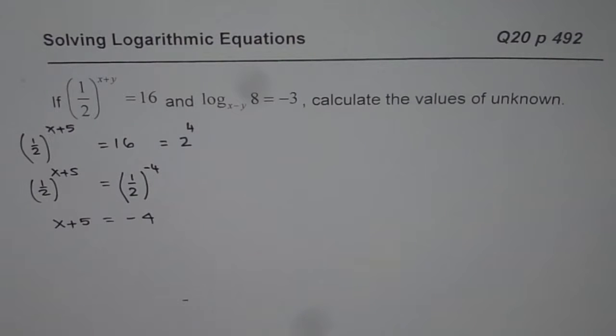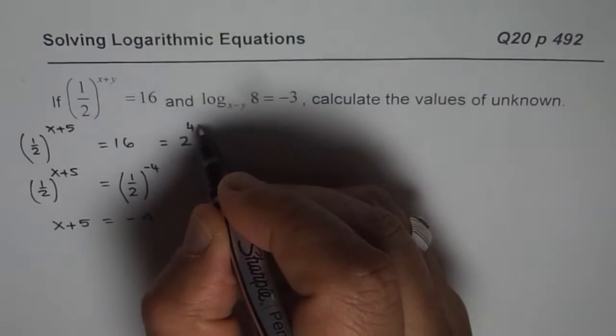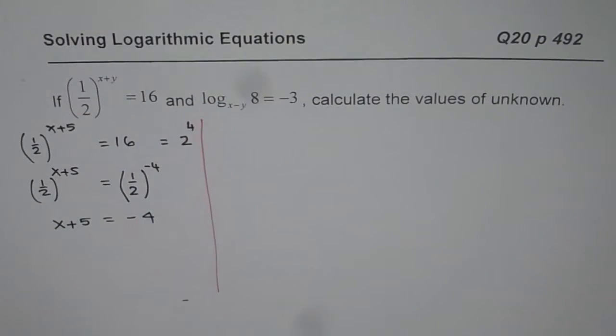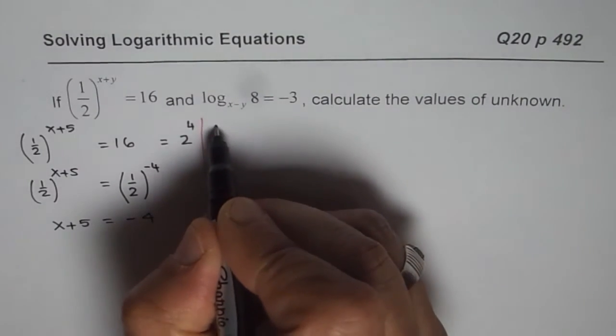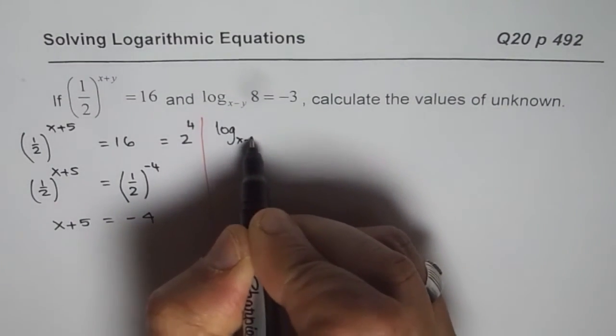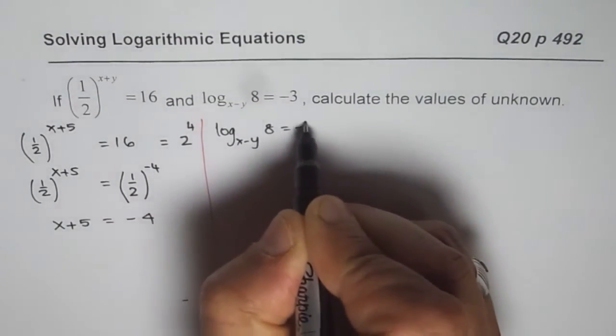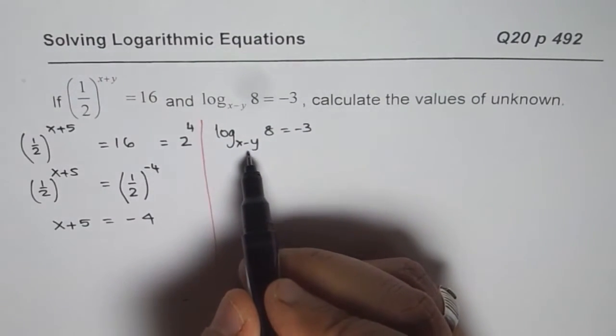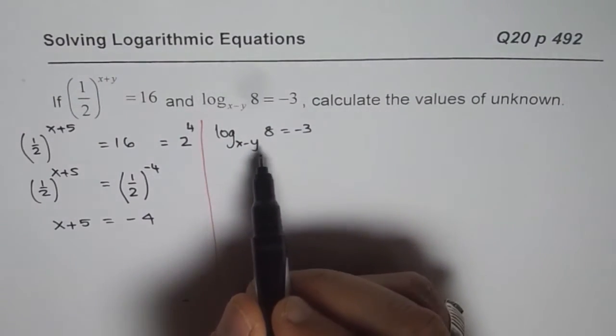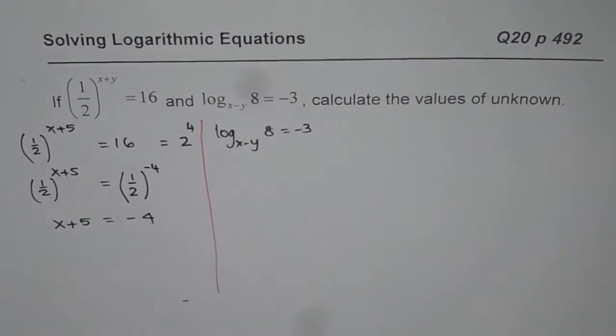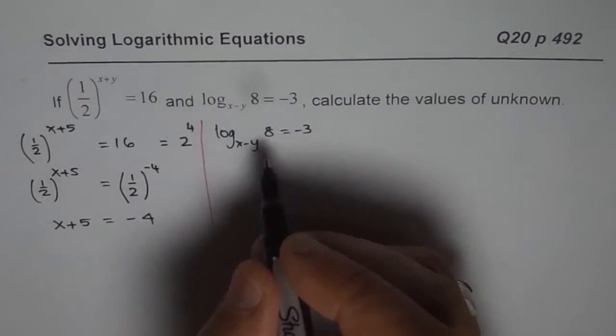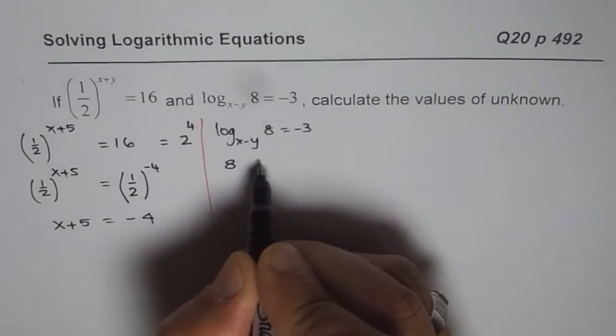Now let us work with the second given equation and find the second relation between x and y. In this case, we have log to the base (x−y) of 8 equals minus 3. Now 8 and 3 are to be related. How can we relate that? Well, the first step is to write this as an exponential equation.